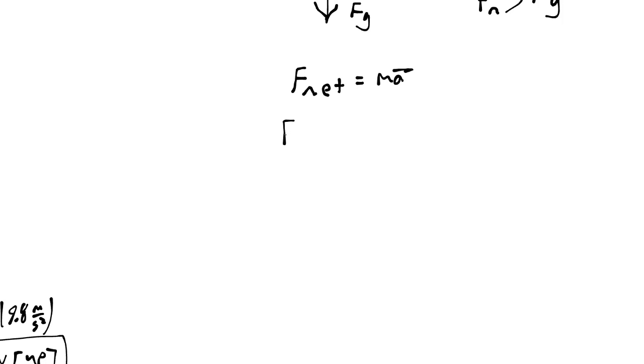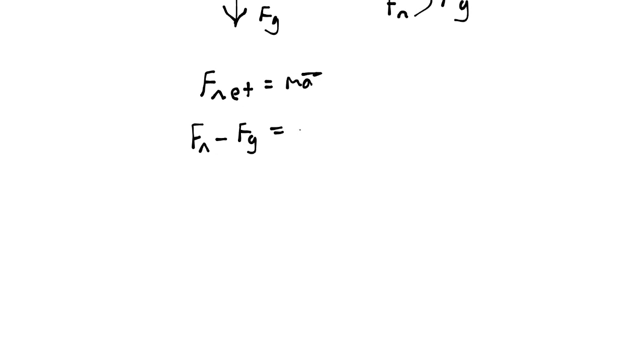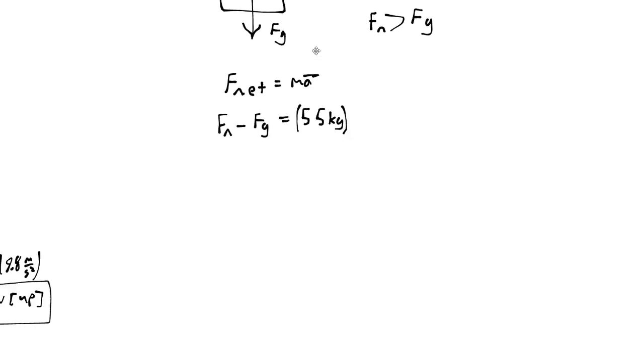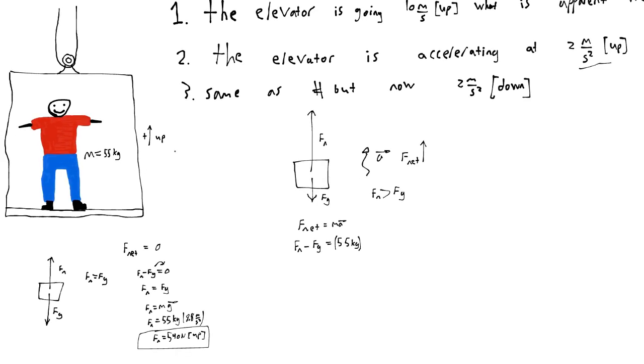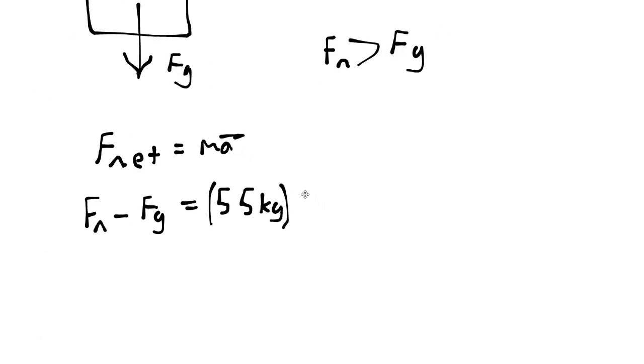Fn minus force of gravity equals mass, so 55 kilograms. And we said acceleration is upwards, right? Remember, positive is upwards, so we're going to make acceleration positive here. So it's plus 2 meters a second squared.